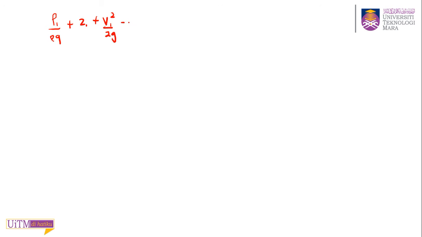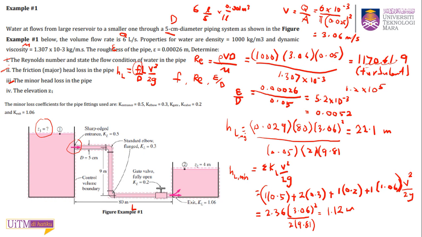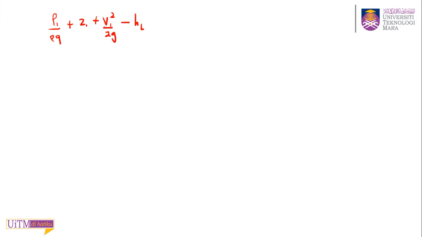Because we have the losses, we need to minus the head loss, and we don't have any pump head or turbine, so we can just ignore that. So this will equal to P2 over rho G plus Z2 plus V2 squared over 2G.